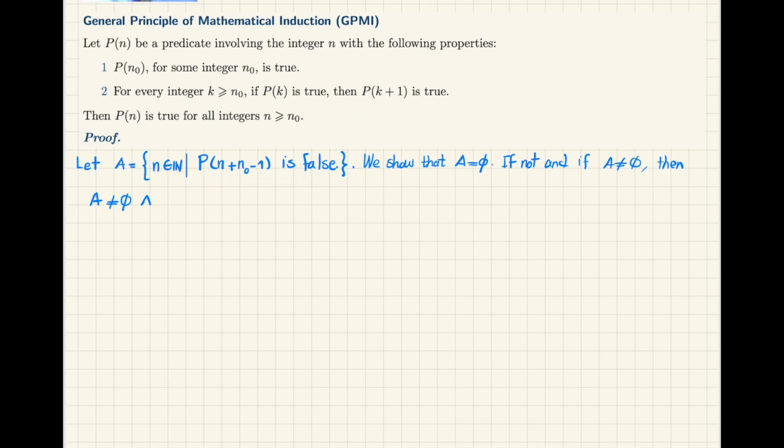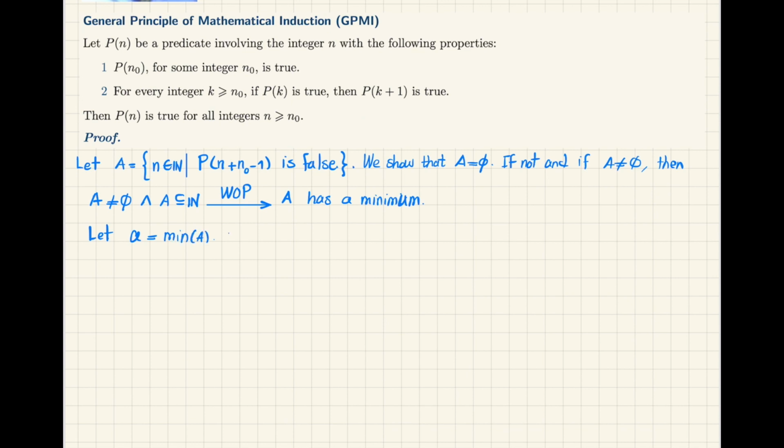So A is definitely a subset of N. So if you now remember, the well-ordering principle can be used to conclude that the set A has a minimum. So let little a be the minimum of this set.